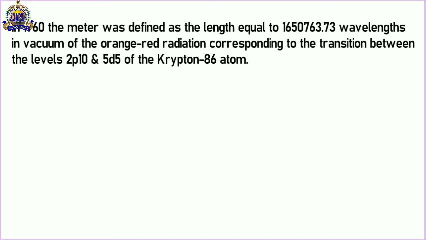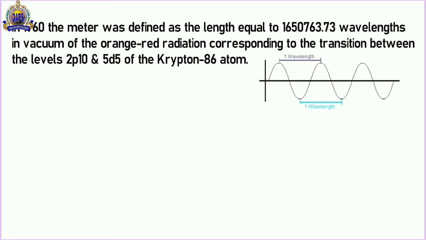Now what is the atomic standard? Like we have the krypton 86 atom, and it was kept how many wavelengths were covered. Now we will talk about the wavelength first, what the wavelength is.